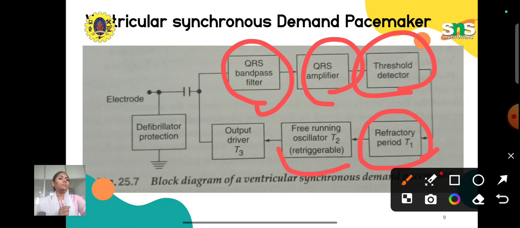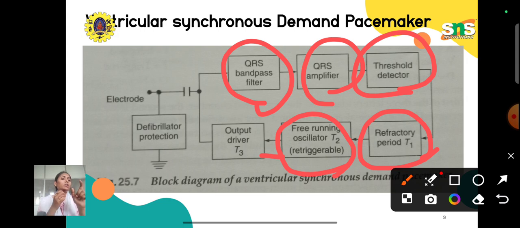Then the impulse is generated by the free running oscillator. This is one type of oscillator. It will generate the signal at whatever value we have fixed. This is the pulse given by the cardiac pacemaker. From the pacemaker, through the output driver circuit, by means of the electrode we give the pulse.